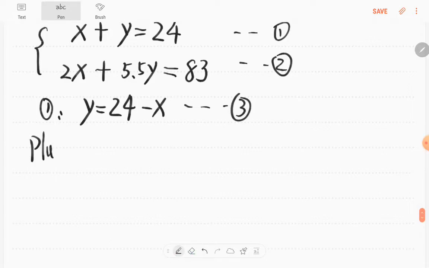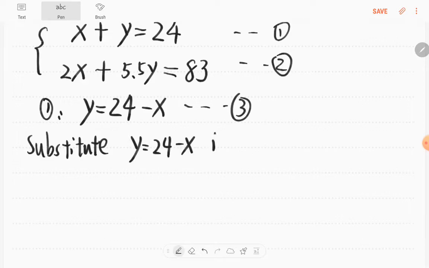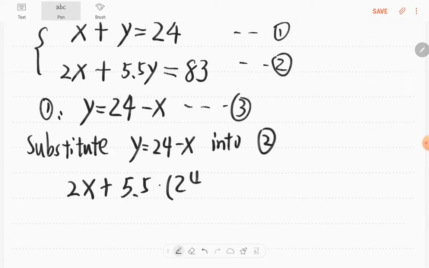Then we plug equation 3 into equation 2, or substitute y equals 24 minus x into equation 2. Then you will have 2x plus 5.5 times (24 minus x) equals 83.